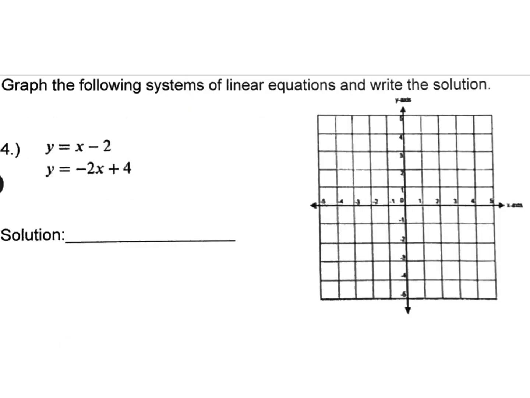Okay, now we're going to graph these, the system. We're going to graph each line and we're going to see what happens. Okay, remember again, y equals mx plus b. Begin at the b and put a point. So for number 1, we're going to begin at -2 and put a point. And then we look to our slope to see how we rise and run.